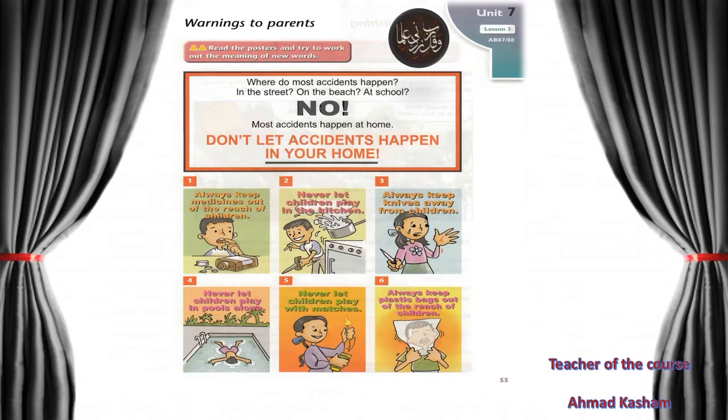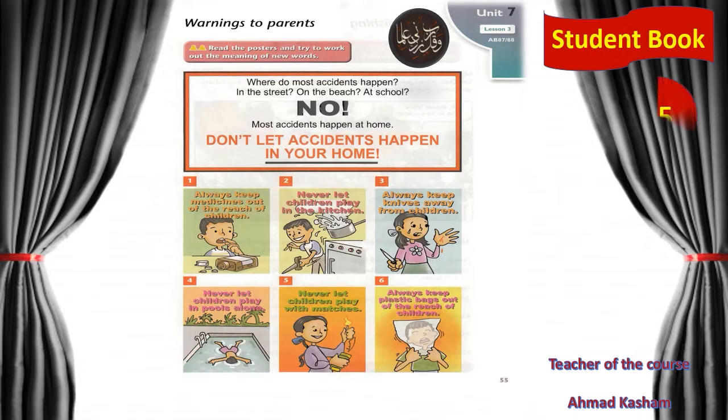Today we will be studying in your student book on page 55, with the title Warnings to Parents. But first, let's learn the new vocabularies and what we have about grammar.